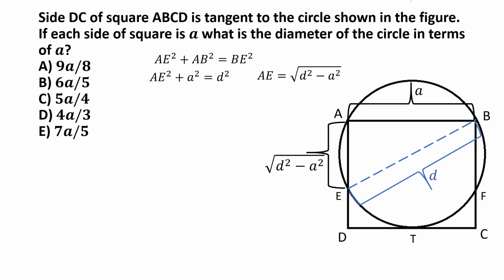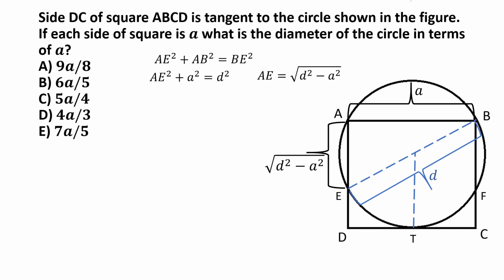Next, from the touch point T, we draw a line that's perpendicular to DC, and hence it will be parallel to the sides AD and BC of the square. That's pretty obvious, right? If it's perpendicular, then it has to be parallel to the sides AD and BC.